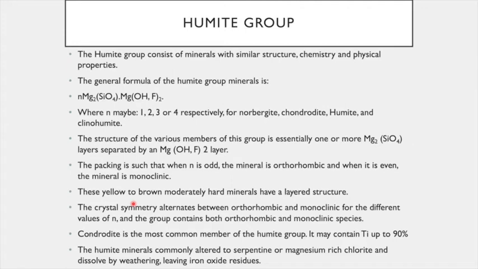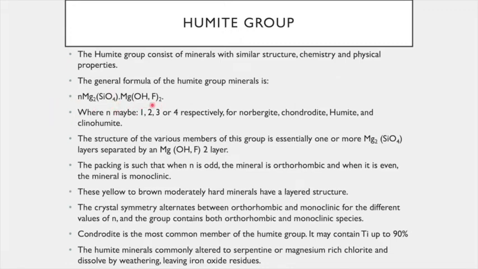The humite group consists of minerals with similar structure, chemistry, and physical properties. The general formula of the humite group minerals is n Mg2SiO4·Mg(OH,F)2.